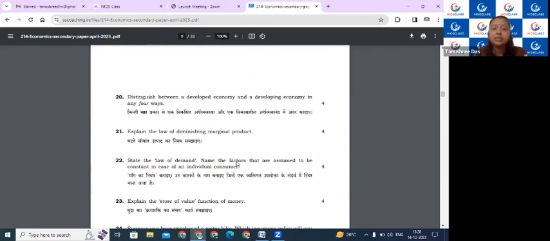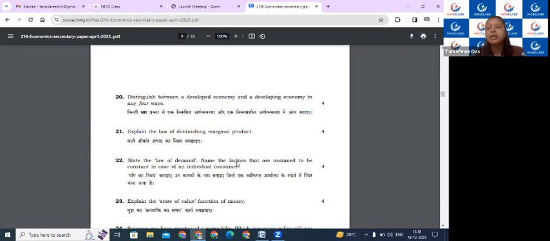Then we have to distinguish between a developed economy and a developing economy in four ways. First, a developed economy has all the basic parameters in order to survive; a developing economy does not.